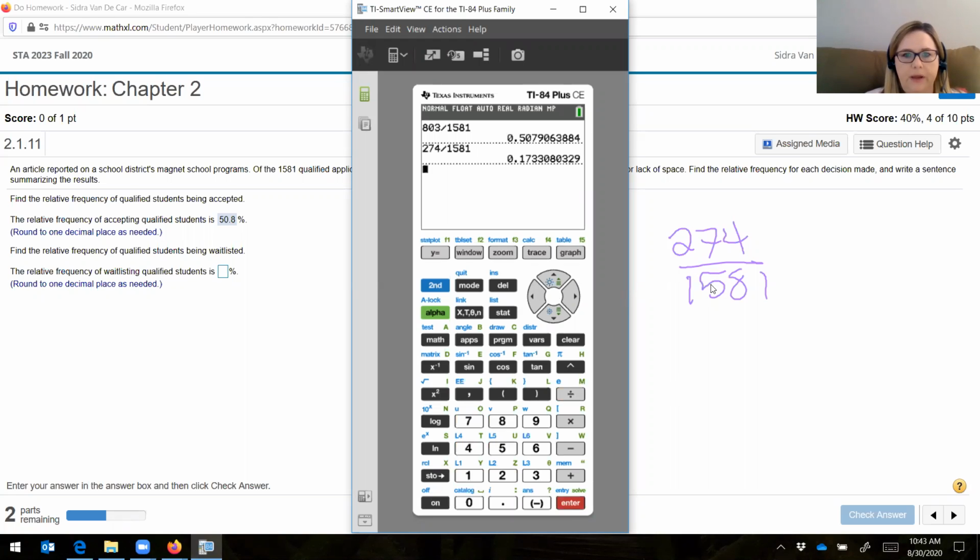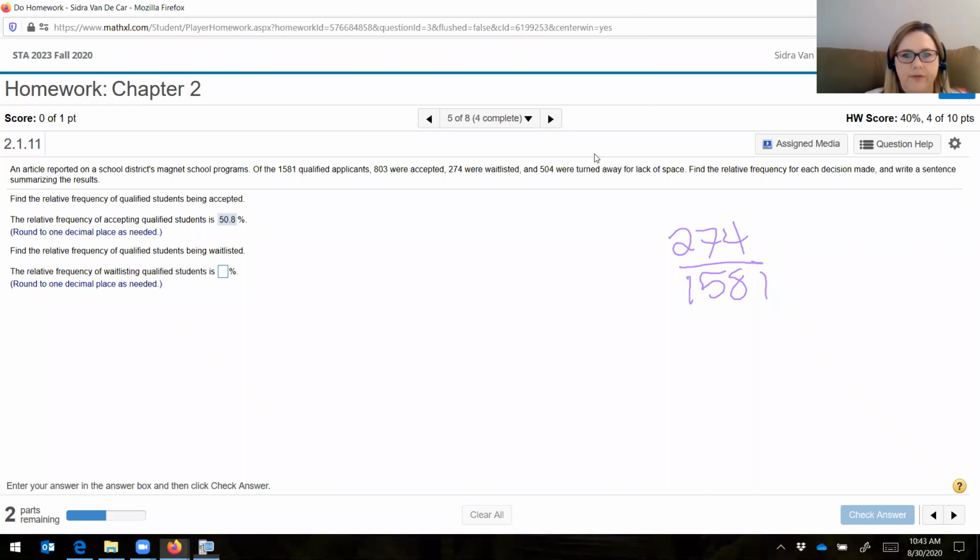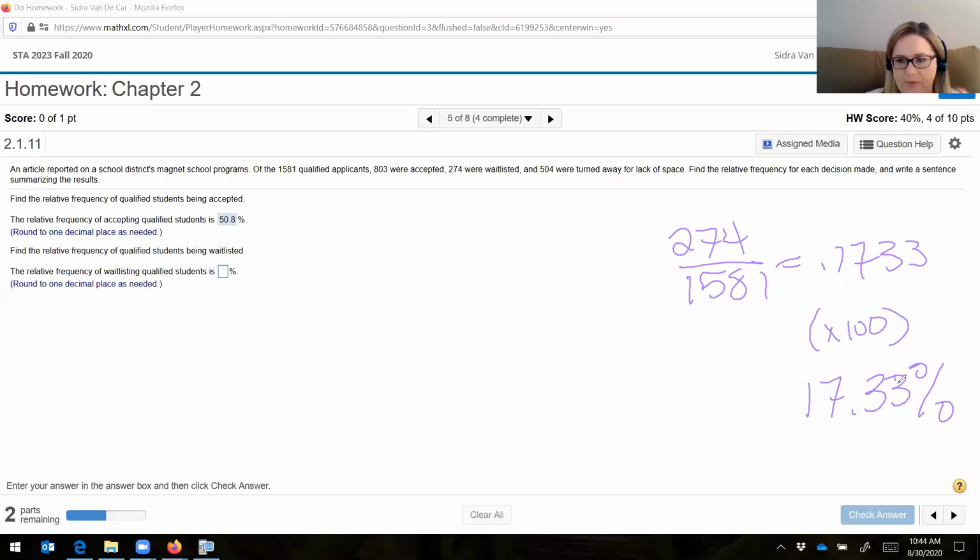So I'm going to go back over here. Let's add that in. 0.1733. Okay, so again, now times 100 would be 17.33%. We're rounding to 1 decimal, so we look at the second place, and it's less than 5, so I round this down to 3. So I'm going to make this 17.3%.